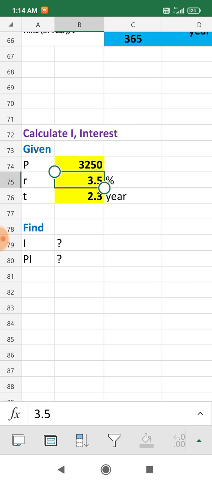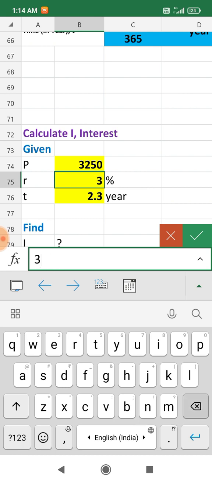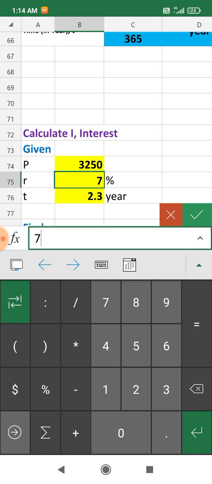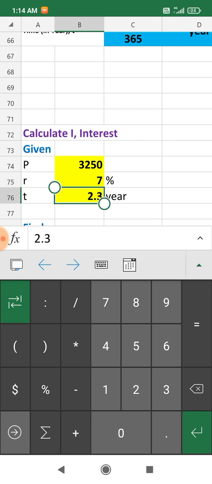So if the interest rate given is 7%, then I'll write 7 here. If I have invested for 2.3 years, then it will be 2.3 years.